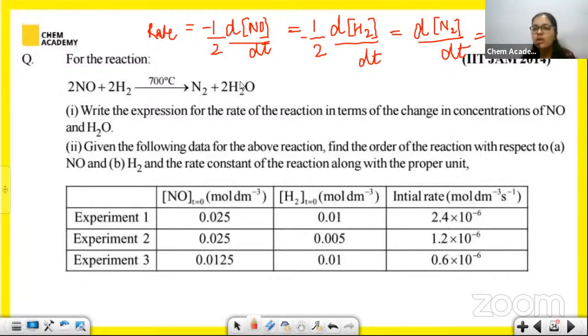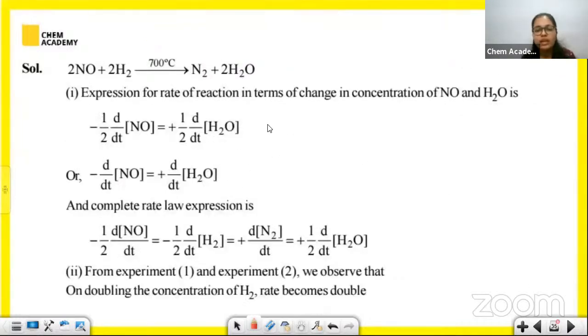So this is how we can write the rate expression for this equation, and we have to write the expression for rate in terms of NO and H2O. So this is for NO and this is for H2O. See, this is how we have done it. This is the entire rate expression and this is for NO and H2O.